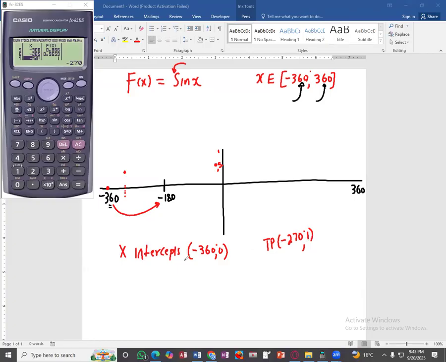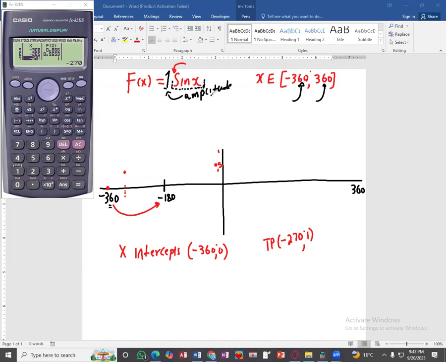If you look at this graph of sine x, the number before the trig ratio is 1. And this one is actually the amplitude. It represents the amplitude of this graph of sine x.